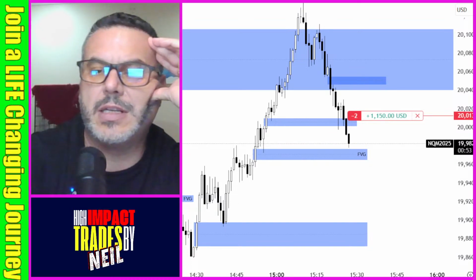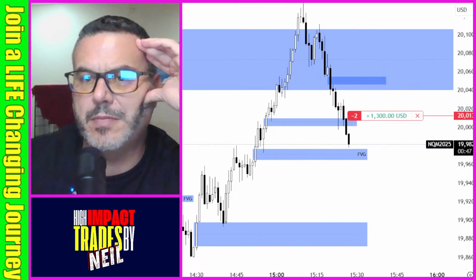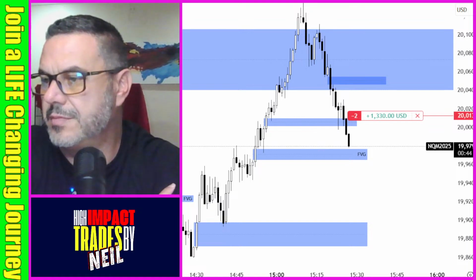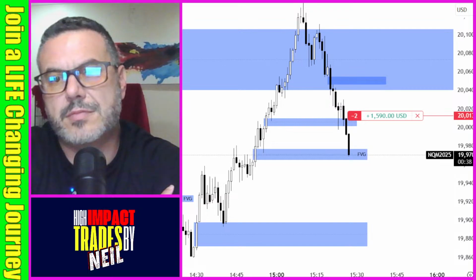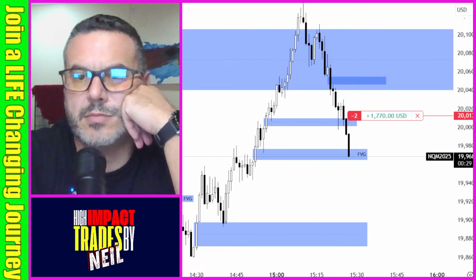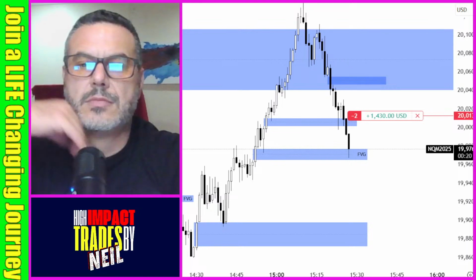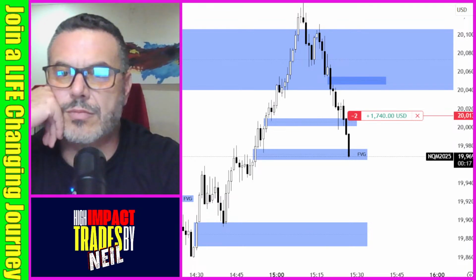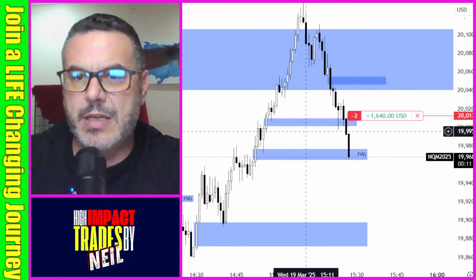Okay, so there we closed below that low. We could see a test of this and then continue lower. Okay, let's see if we're going to slice through that one. Be great if we could close below that low there or invert this fair value gap.